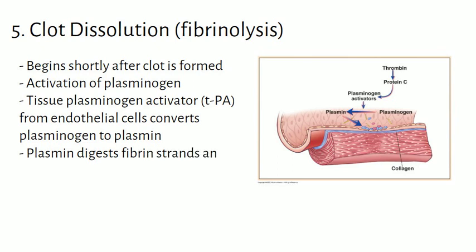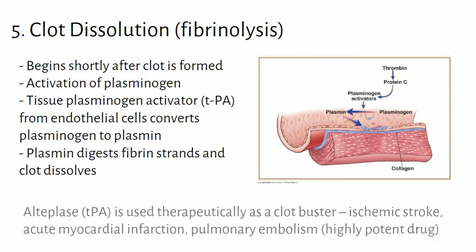Plasmin then digests fibrin strands and the clot dissolves. Alteplase, or TPA, is used therapeutically as a clot buster for acute emergent conditions such as ischemic stroke, acute myocardial infarction, and pulmonary embolism. TPA is a highly potent thrombolytic drug.